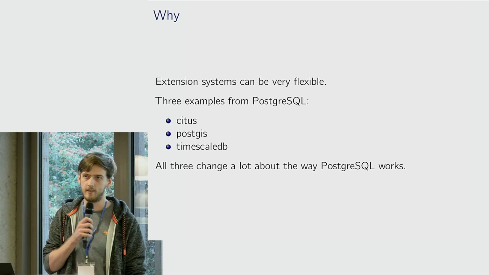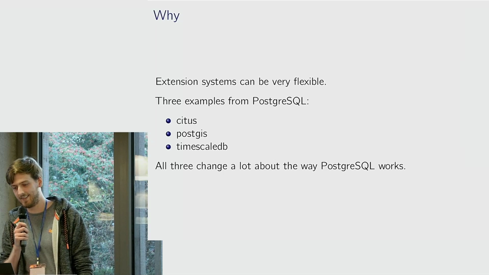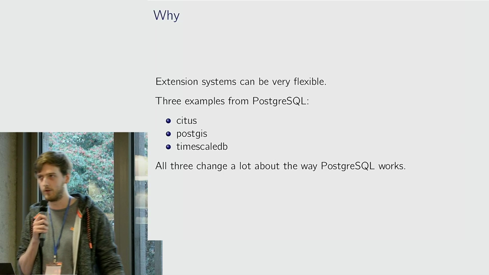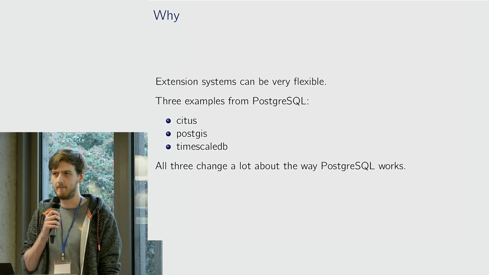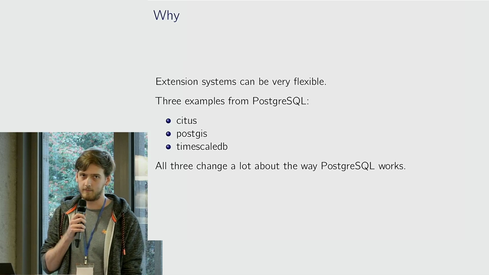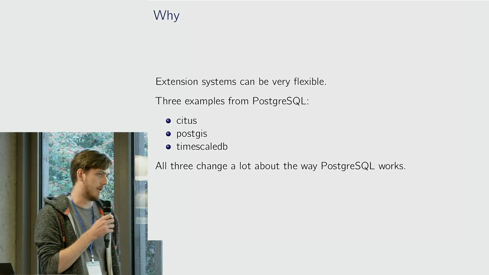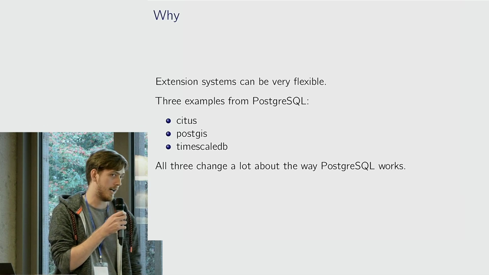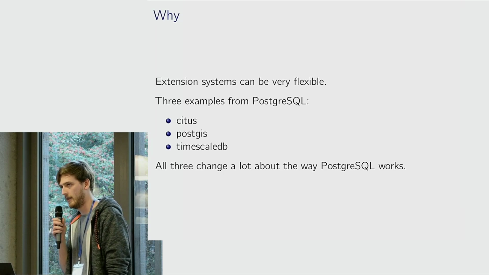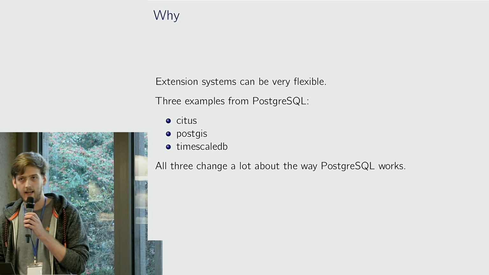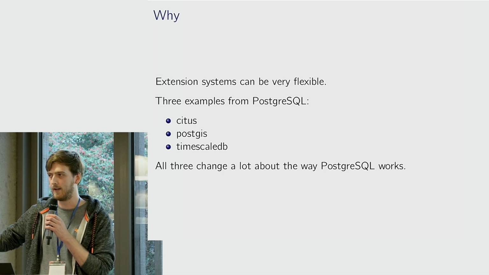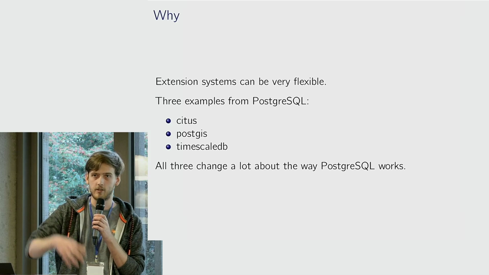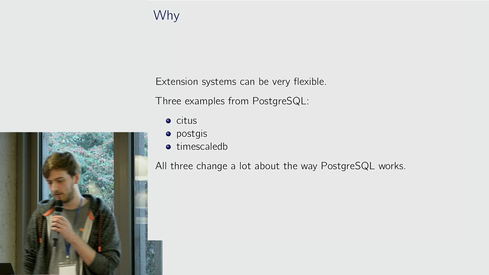Citus is a distributed database product. They're a private company that does a SaaS product based on it, but it's a bit wild when it comes to changing what Postgres actually does. PostGIS is for geographical data. If you want to have a whole bunch of locations and query which locations are in a certain area, you can do really cool stuff with that.